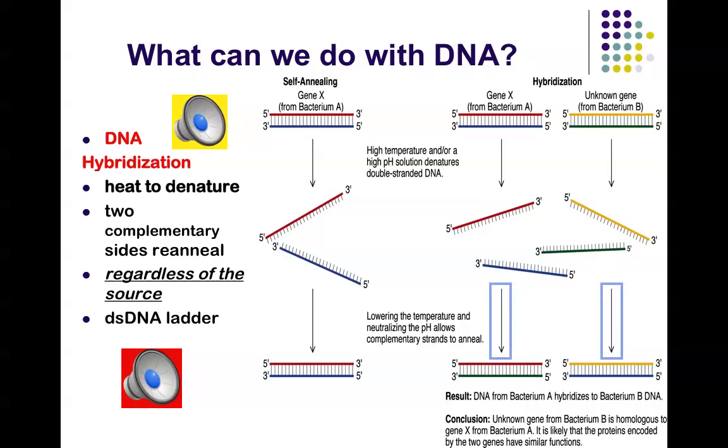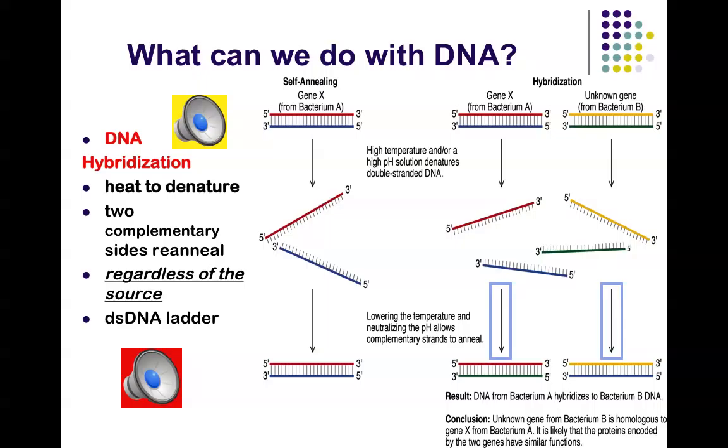This could clearly be the example on the right-hand side of the slide, where we have two different sources of DNA from bacterium A and bacterium B that we've denatured, producing single-stranded DNA that we then form hybrids of double-stranded DNA from individual single strands of DNA from each different organism.